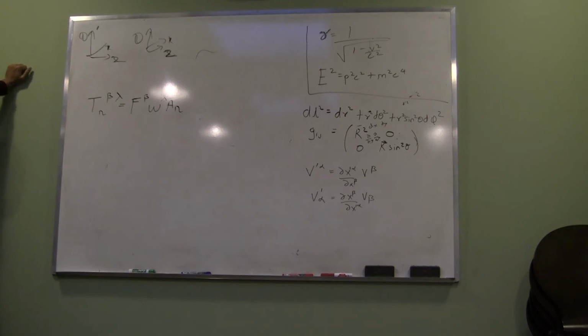Now, here's a question. Do they have to come in the same order? In other words, does eta have to come first?